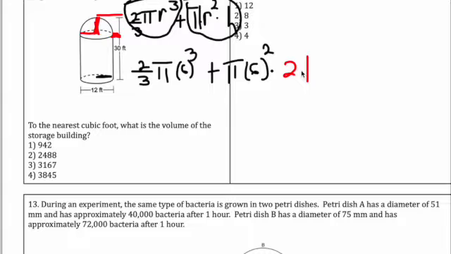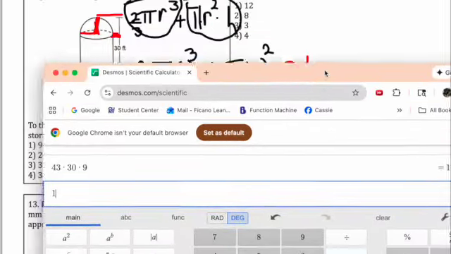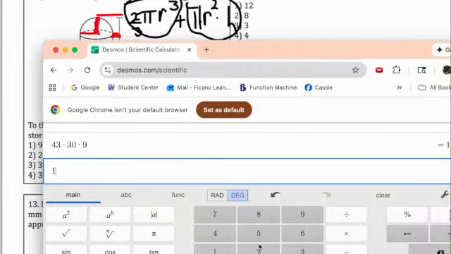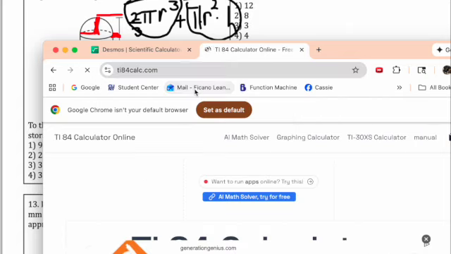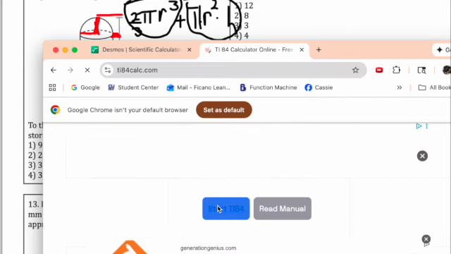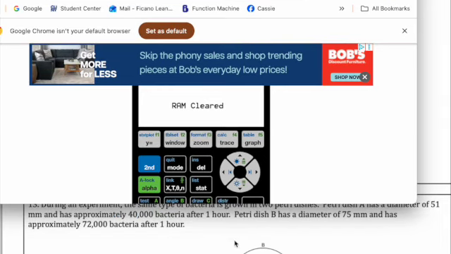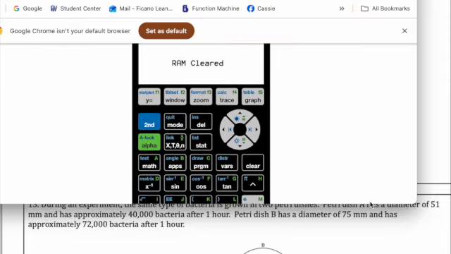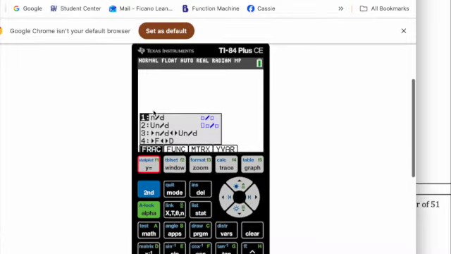Wow, this is one big number. So I'm actually going to use Desmos for this. Actually, I'll use TI. Okay. And I'm going to pull this over, and I want to use alpha y equals.